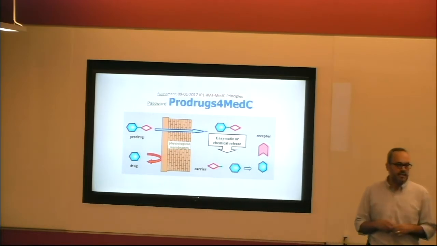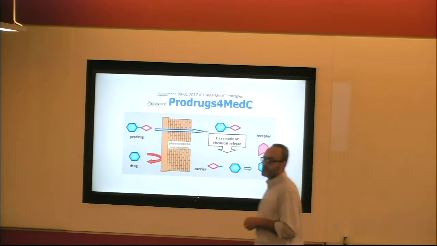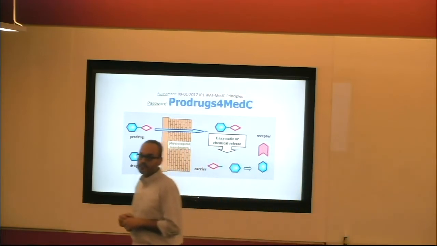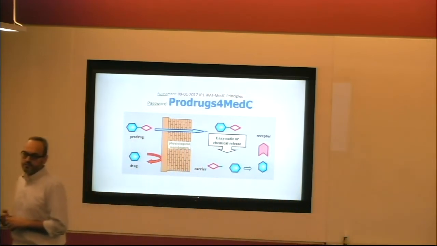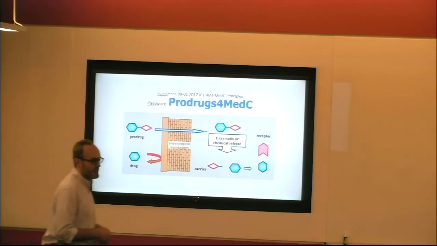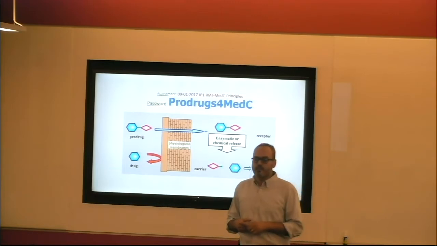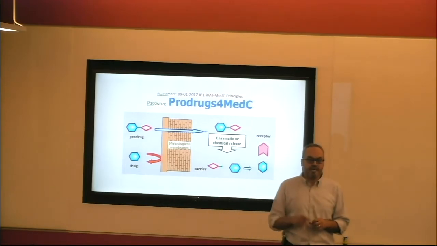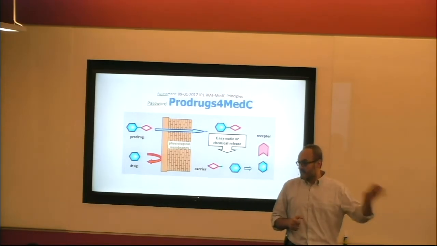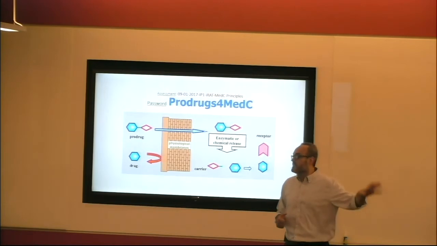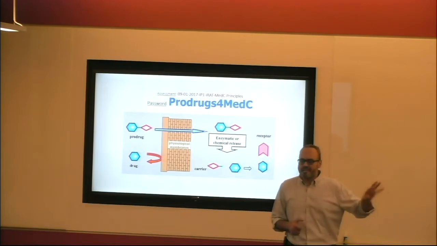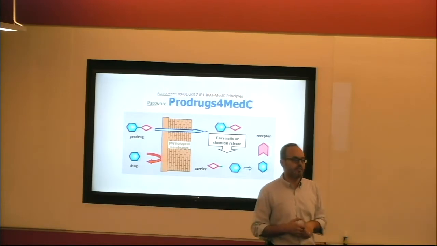And medicinal chemists love prodrugs because they solve a lot of problems for them. Anytime they have a problem with solubility, lipophilicity, anything, right? They just add something to fix the problem, but it's a trick. You have to add something that is also going to break with some enzymes, mainly the esterase enzymes.